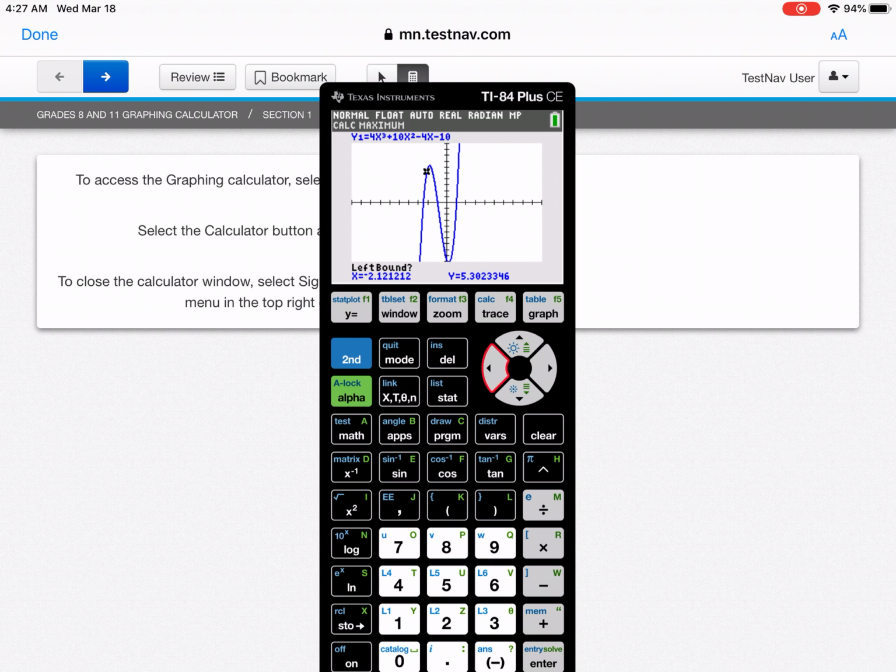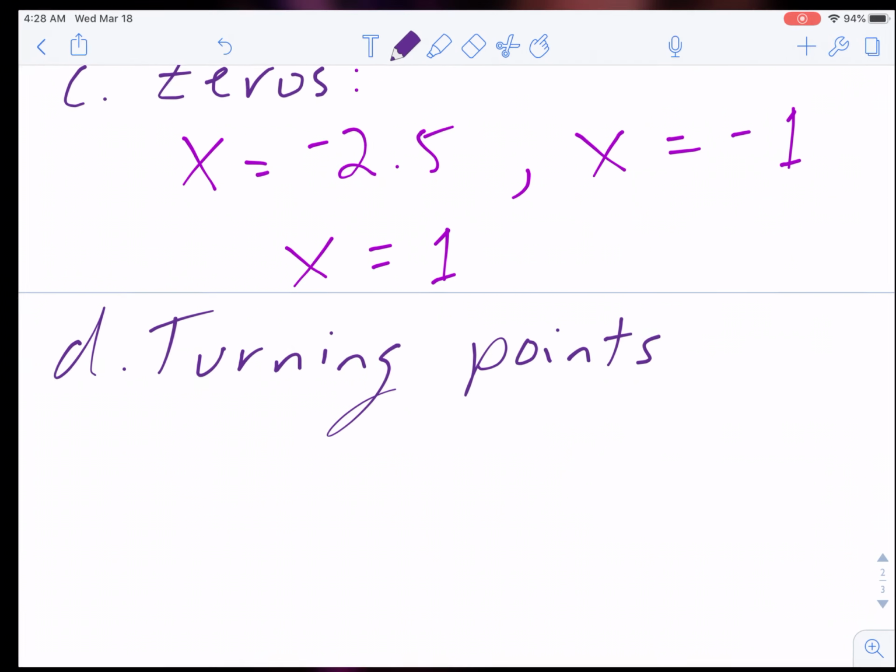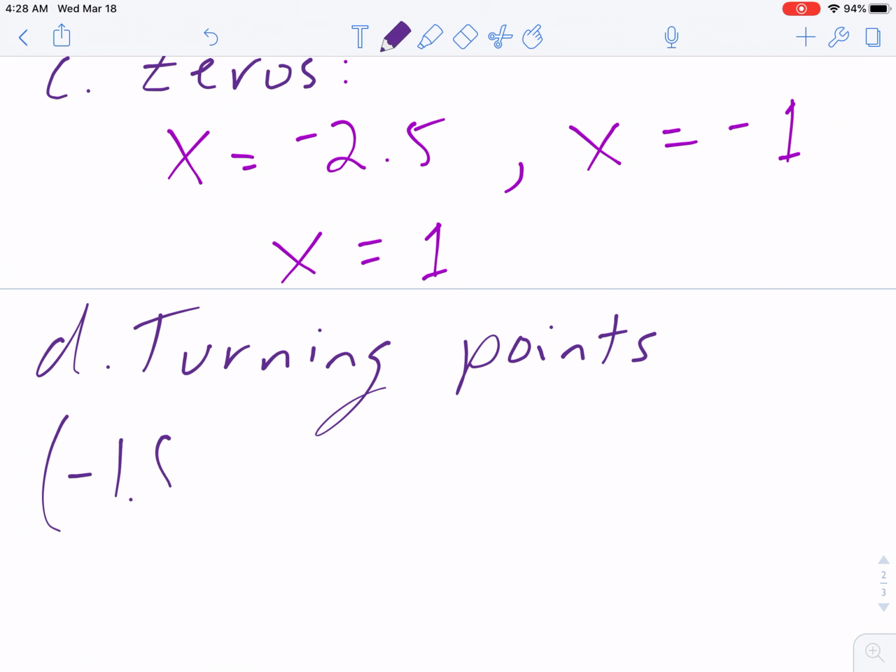The max is this peak right there. So left bound, right bound, don't need to guess. So this looks like negative 1.85, comma 6.3. Negative 1.85, comma 6.3. That's one turning point.